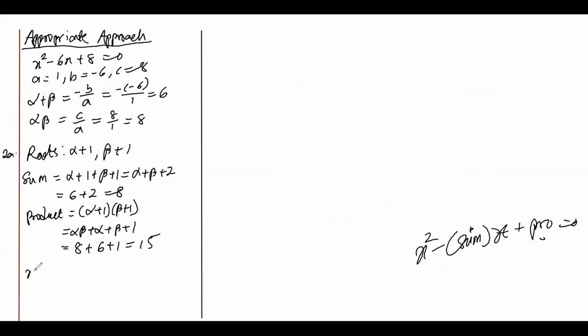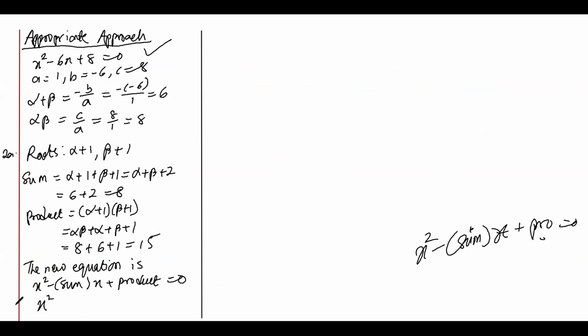So this is already what you have. So you can proceed by saying the new equation is, I'm introducing the word new because we already have an equation here. So the new equation is x squared minus sum times x plus product is equal to 0. State this all the time.